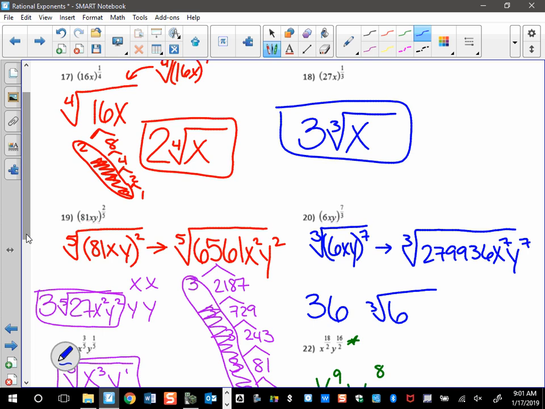If you persevered, you should have a 36 and a 6. Okay, for my letters, how many X's came out? 2. And 2 Y's as well. What's left inside? 6.